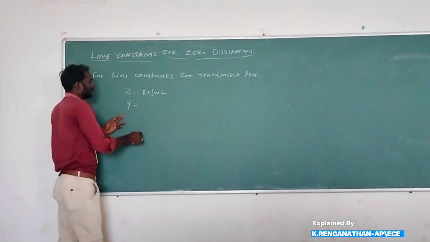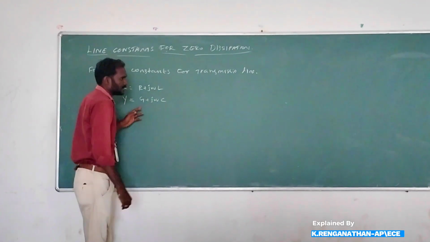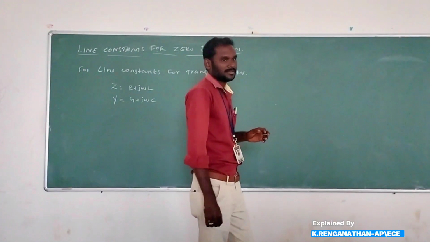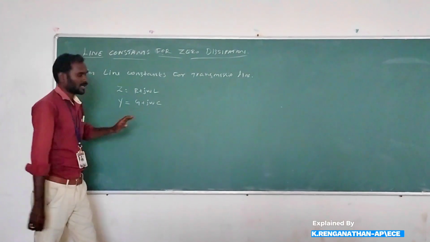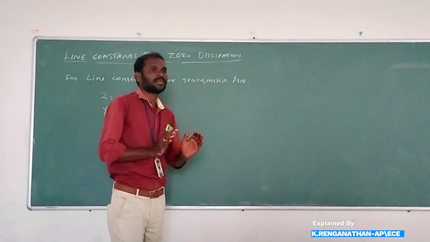Then the shunt admittance is Y equal to G plus j omega C, where G is the conductance of the transmission line per unit length and C is the capacitance of the transmission line per unit length.